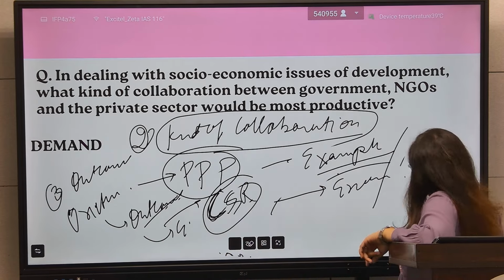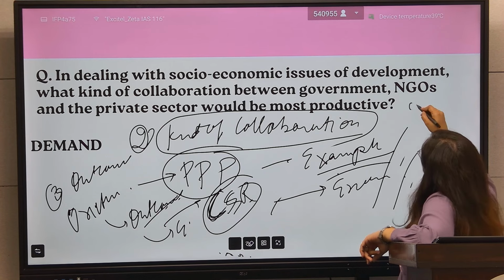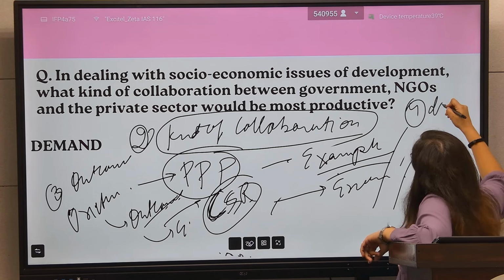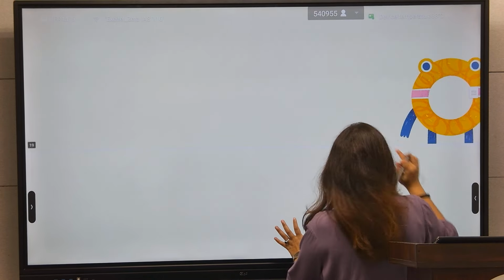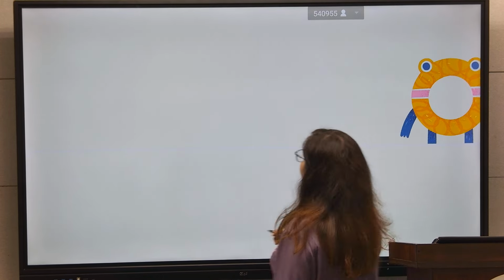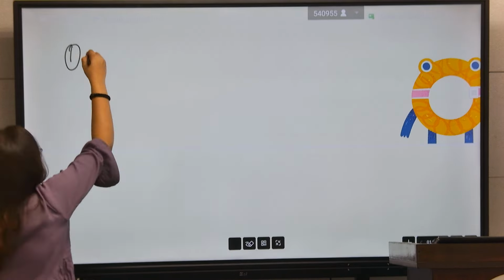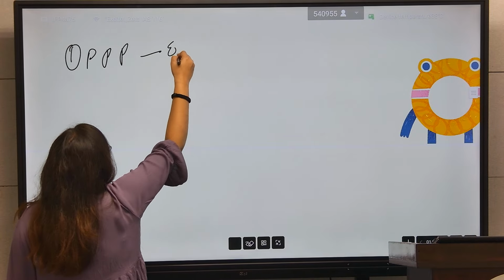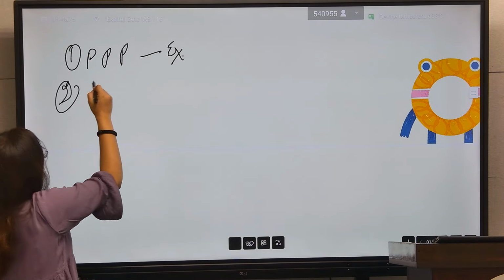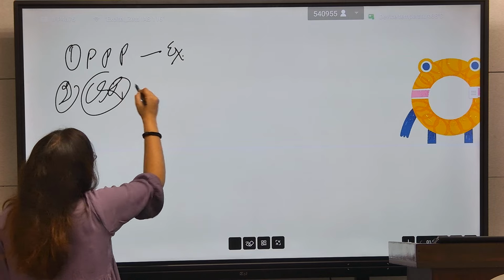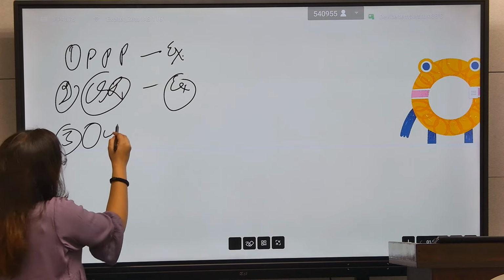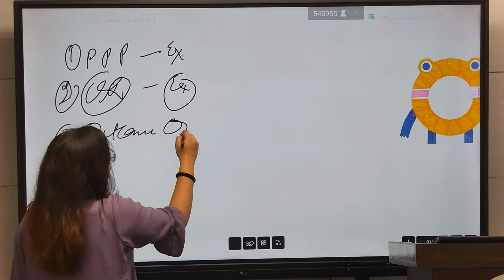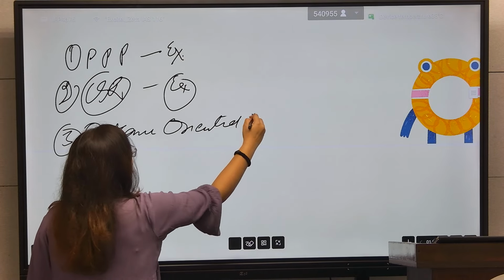Also there is the data driven model. So first is PPP, you give an example. Second is CSR, example. Third is the outcome oriented model.